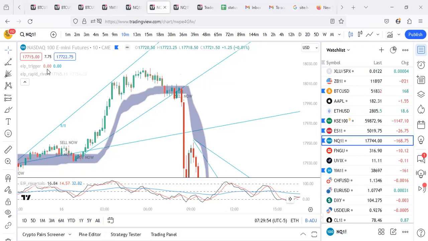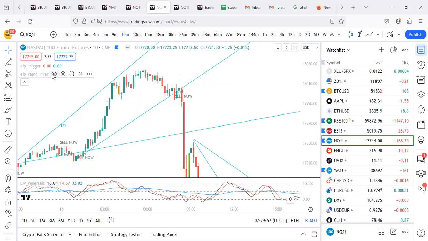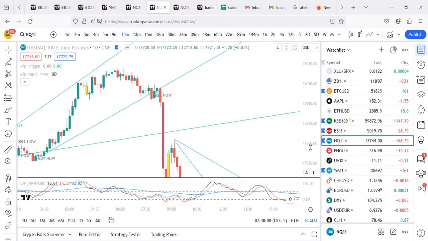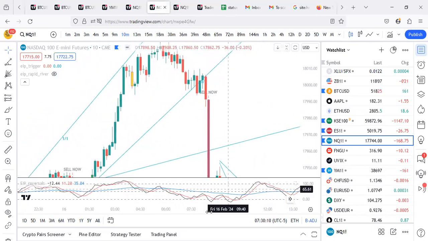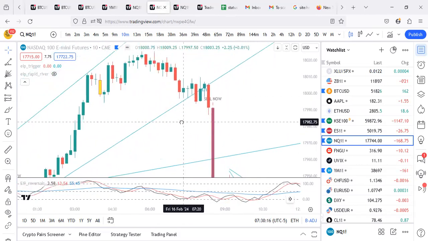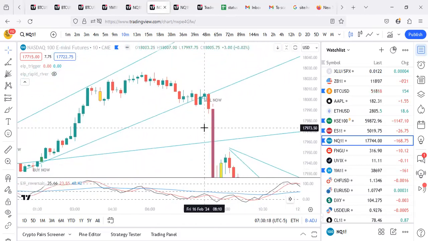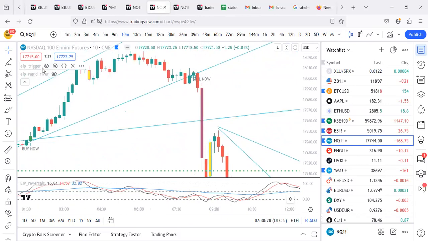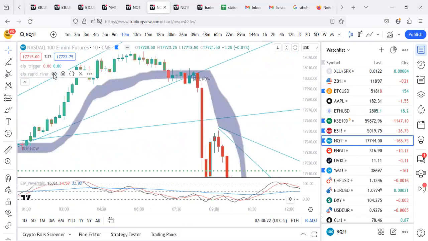Also, if I now disable the rapid river and put on the EIP trigger, we could see there is a sell over here, and rapid river is confirming it.